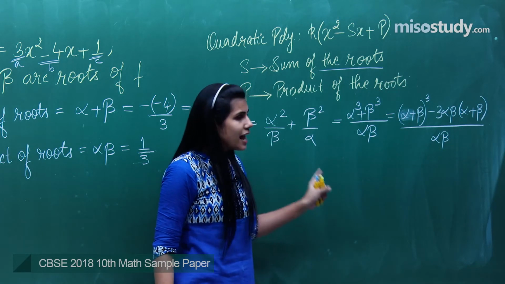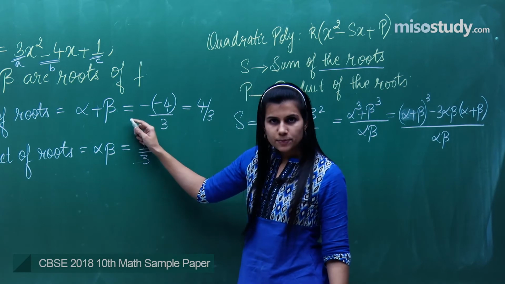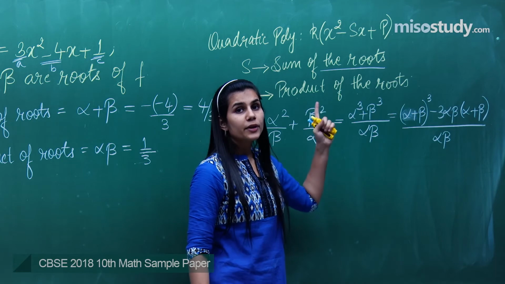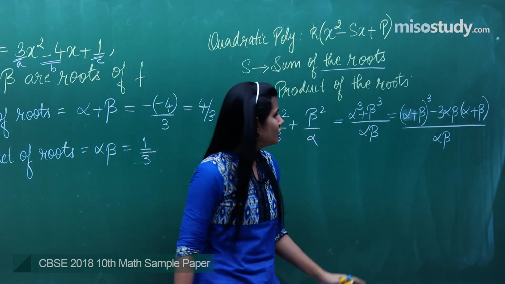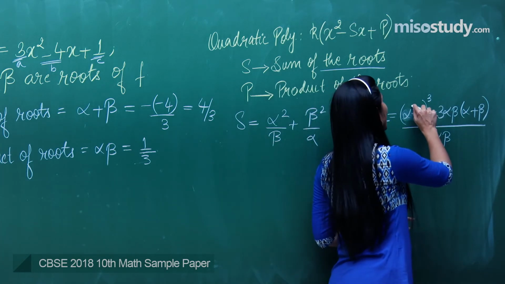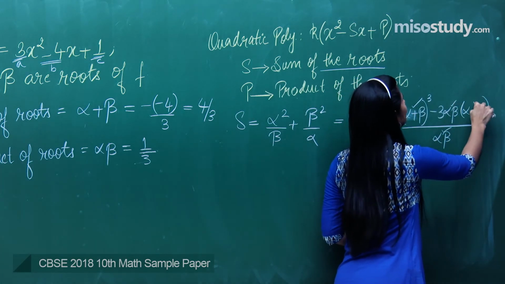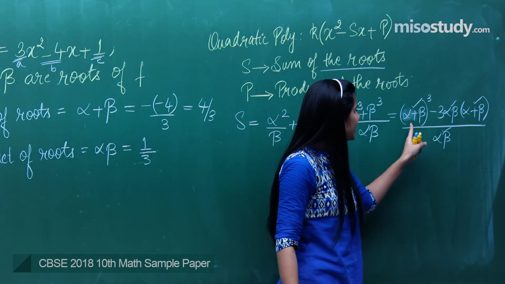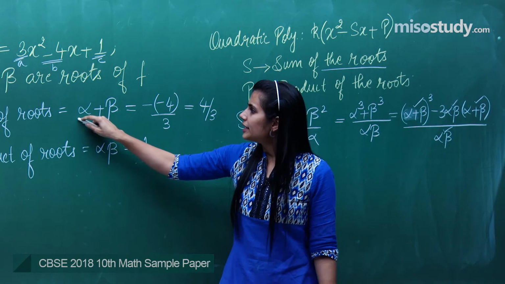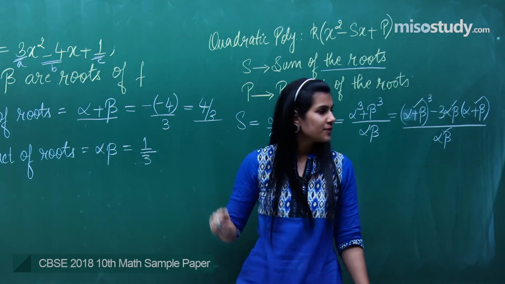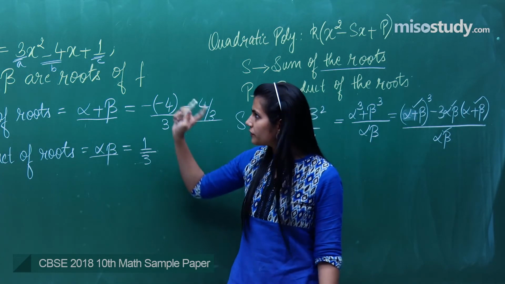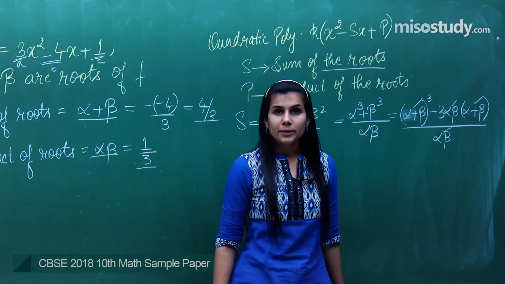Do not forget, alpha and beta are the roots of this polynomial, whereas alpha square by beta and beta square by alpha are the roots of the unknown polynomial. So over here, if I am getting a simplified expression in the form of alpha plus beta and alpha into beta, this is representing the sum of the roots of this polynomial. Alpha plus beta you know is 4 by 3. And alpha into beta is again representing the product of the roots of this polynomial, which is 1 by 3.